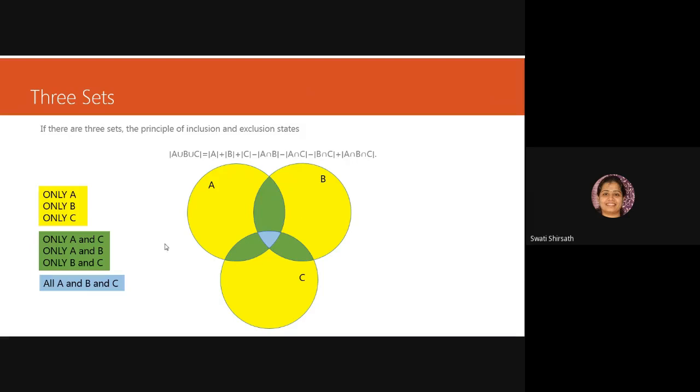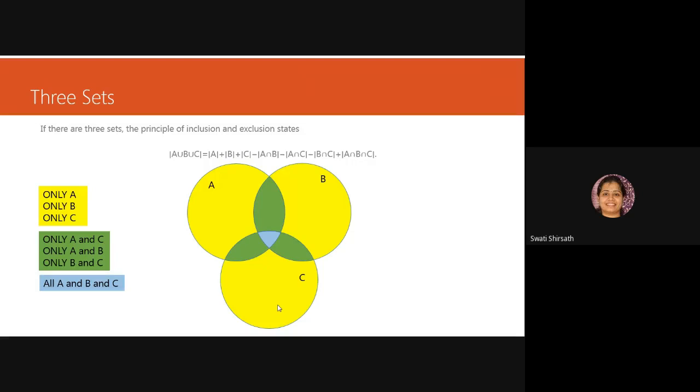Okay. Now, when we consider Venn diagram for three sets, it will be like this. So these yellow portions are nothing but only A, only B, and only C. Now let's see, we have a problem where we want to find out students learning math, science, and physics, or math, physics, and chemistry, and we want to count how many students are learning only maths and only physics and only chemistry.